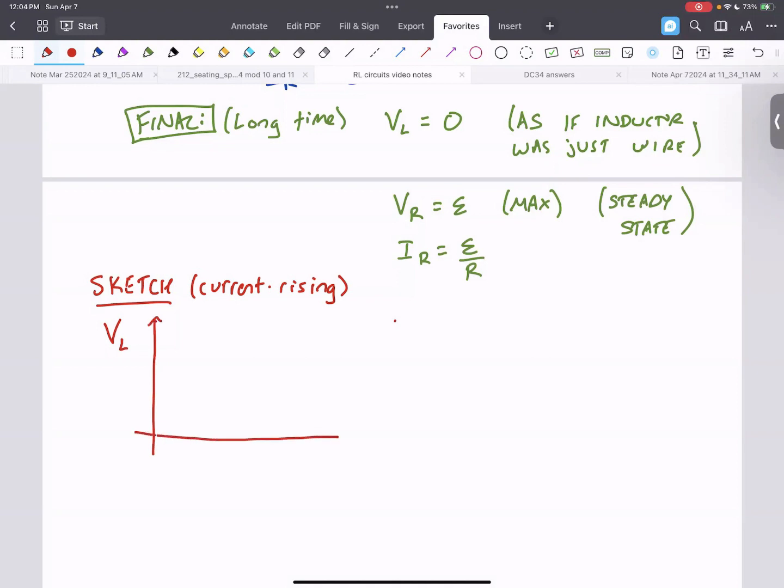Remember that it wins. This is going to be the voltage across the inductor as a function of time. It's going to start off with the EMF. So initially it's winning. It gets it all. But eventually it loses to the resistor.